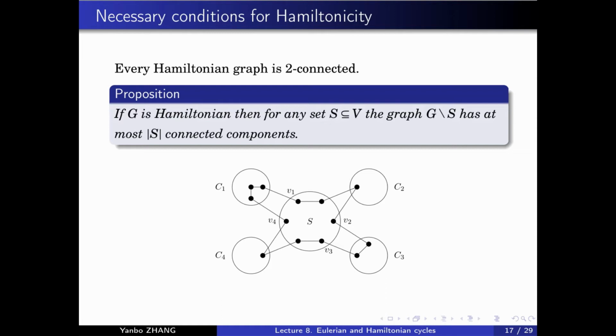This is to say, the number of vertices in S is greater than or equal to the number of components in G minus S. This proposition guarantees that G is two-connected because deleting one vertex leaves at most one component. After deleting any vertex, the graph is still connected.